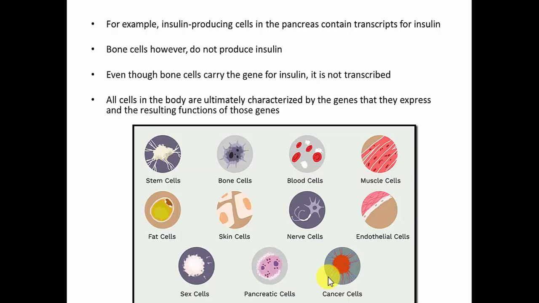One of the things that's actually been developed in cancer therapy are new ways of targeting cancer cells. And you can target a cancer cell based upon the fact that cancer cells express certain combinations of genes that other cells do not express. Very interesting. So the fact that cancer cells have a unique transcriptome is actually a way to target those if you can identify what that transcriptome looks like and the product of those transcripts themselves.